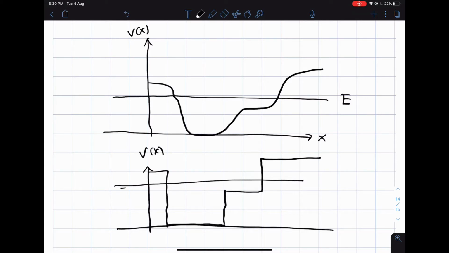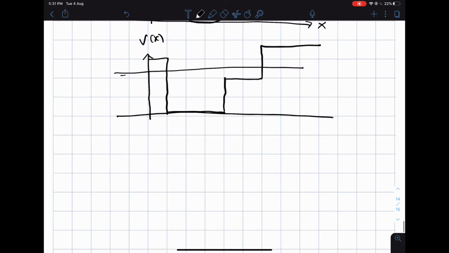So how do we solve for such a potential? Let's make an observation. We know that both psi and psi prime have to be continuous, and that in this region psi is a sinusoid. Let's take a form of psi.